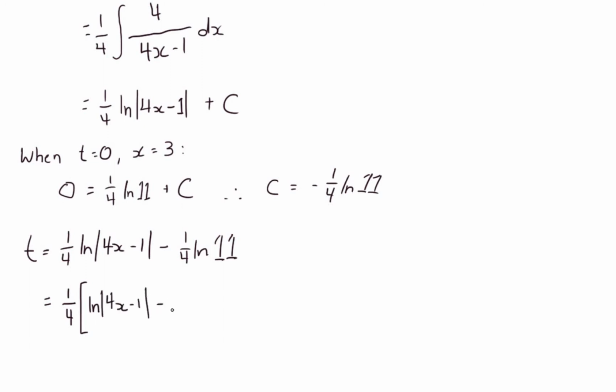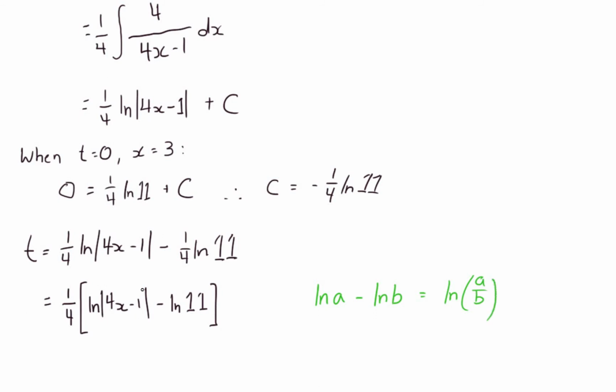Next, is there a way that we can combine these two different logs? So remember when we have log of one thing minus log of another, whatever that base is, I'll just stick with ln, some ln A minus some ln B. We can use our log laws, which tells us that we can combine this.